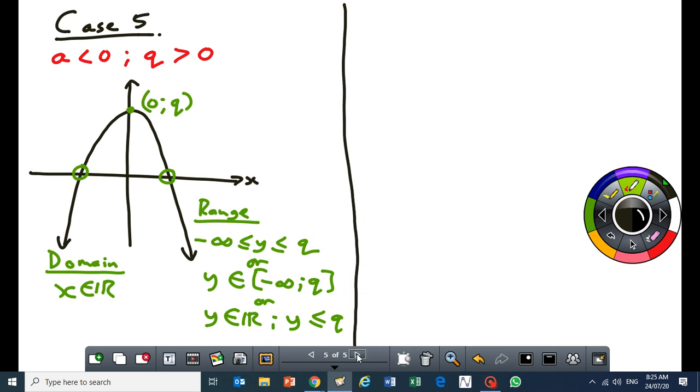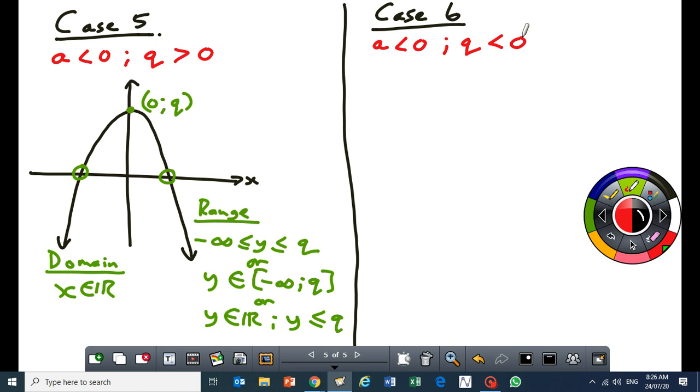Then case 6, which is the last case. So our A is still negative and our Q is now negative, which means Q is now below the x-axis. Okay?